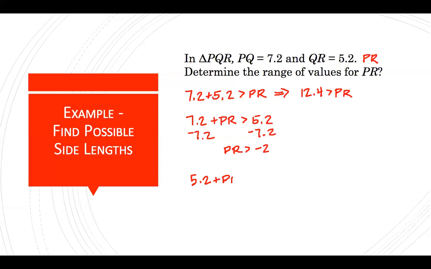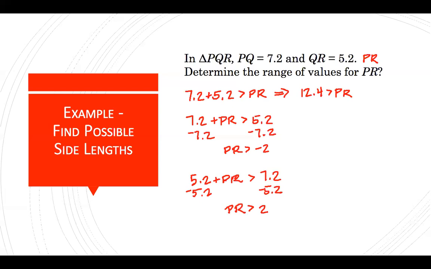Why is this thing not working? Has to be greater than 7.2. I'm going to subtract 5.2 on both sides. So PR has to be greater than 2. All right.